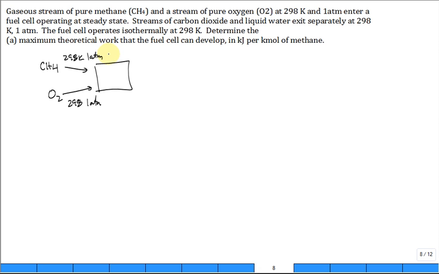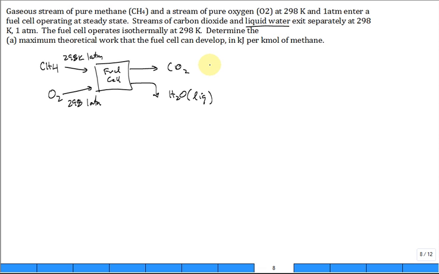It's a fuel cell. Okay, well, what does a fuel cell do? It's a black box that's going to produce some power for us. You could read more about fuel cells, but it undergoes a chemical reaction inside such that streams of carbon dioxide, CO2, and a stream of H2O liquid, liquid water, exit.